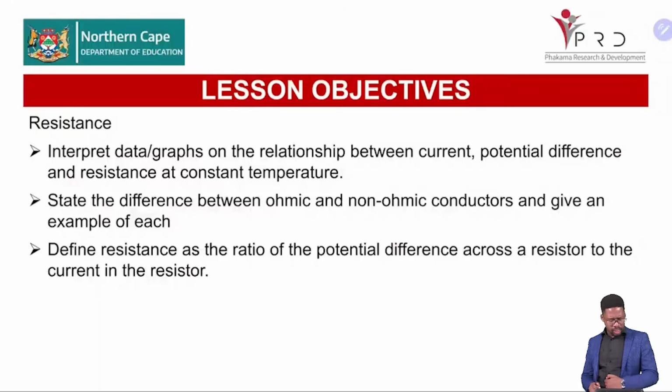Not only that, we'll have to interpret a graph where we look at the relationship between the resistance and the current, the relationship between the current and the potential difference. And also we will be in a position to distinguish between the ohmic conductor and non-ohmic conductor, or ohmic resistor and non-ohmic resistor.